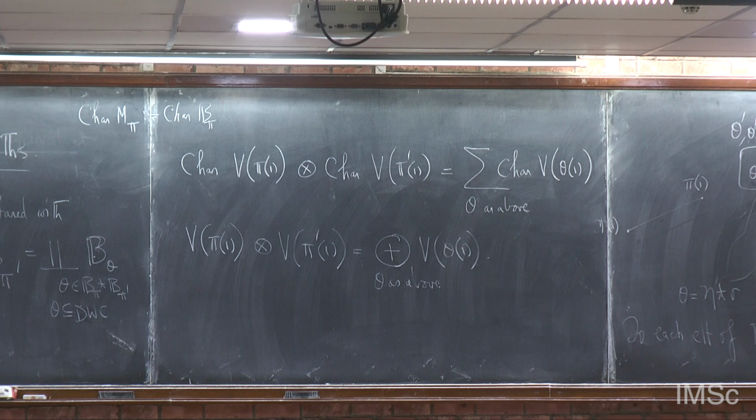Given a subset of paths S, let's say M sub S is the set of finite integral formal linear combinations of elements from that S, and its character is defined just the same way. Is this okay?